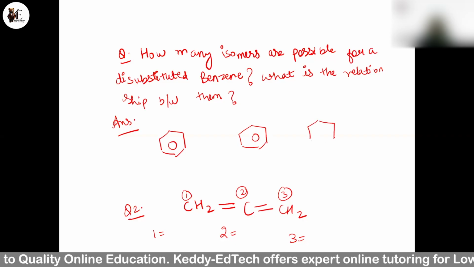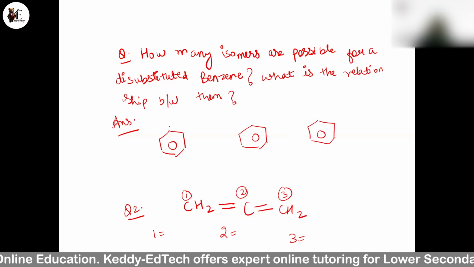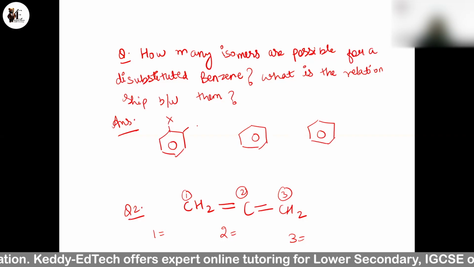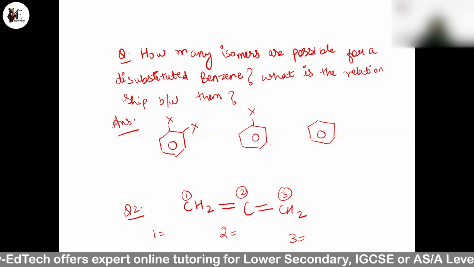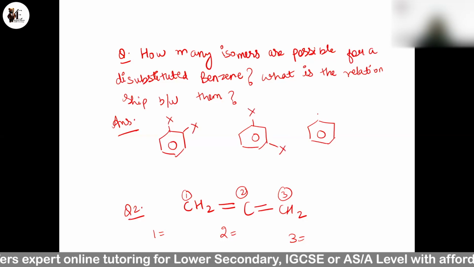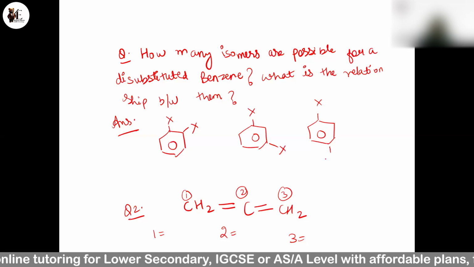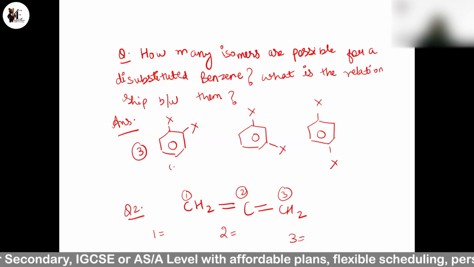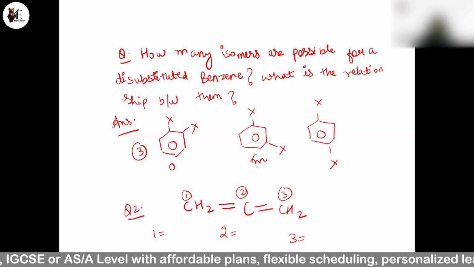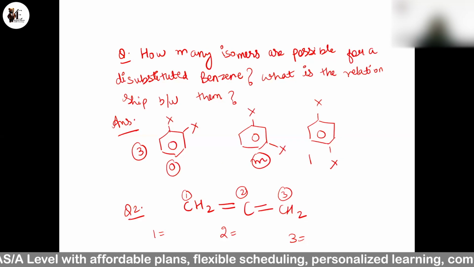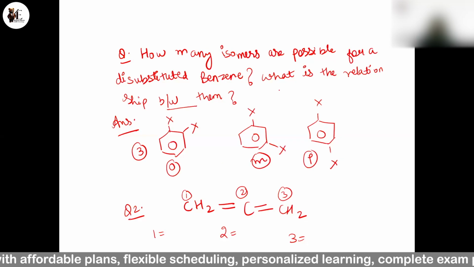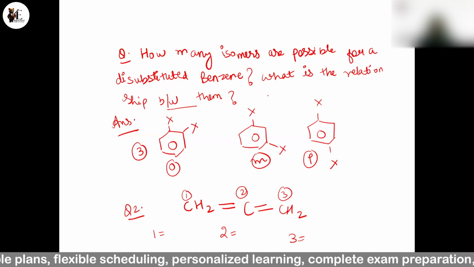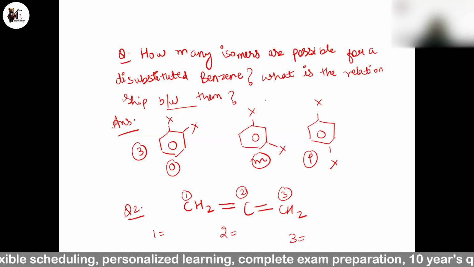So if you remember, I told you in the last session that this position is ortho, this position is meta, X is any group, and this position is para. So the answer would be 3. 3 isomers are possible: ortho, meta, and para. And what is the relationship between them? Are they chain isomers, position, or functional isomers? Tell me.